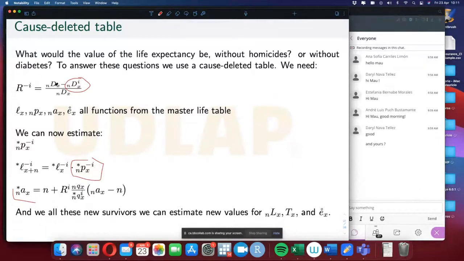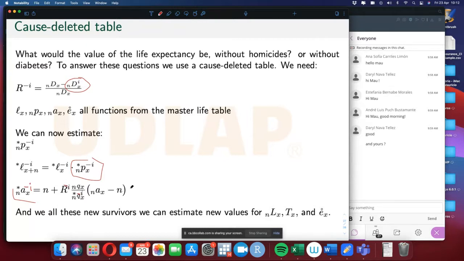We are going to estimate this value, then adjust and get our probability using the expression from the previous slide. Using the functions from our master table, the regular life table, we're going to estimate these new values: the probabilities, survivors, and the separation factor, where I am missing this negative and this negative.